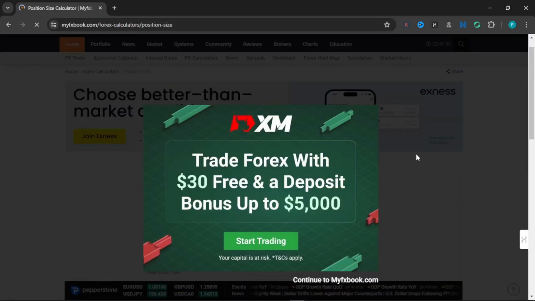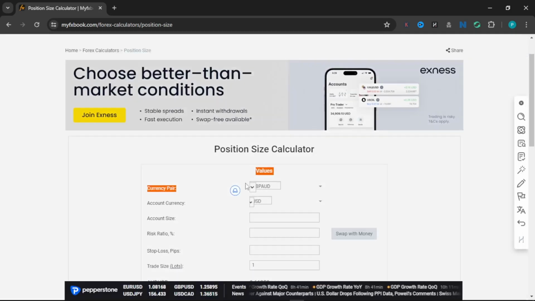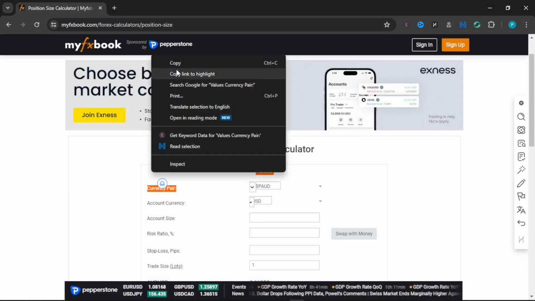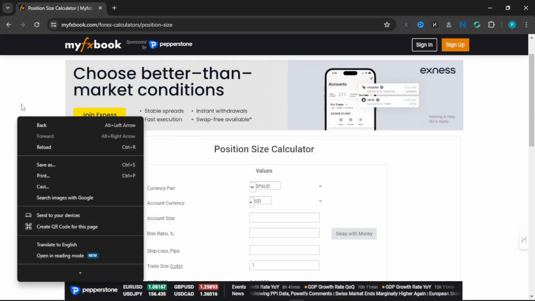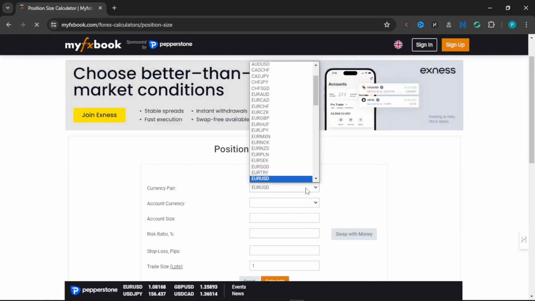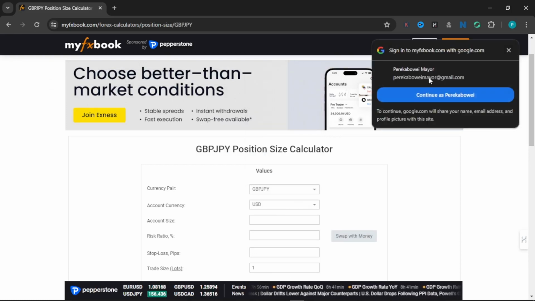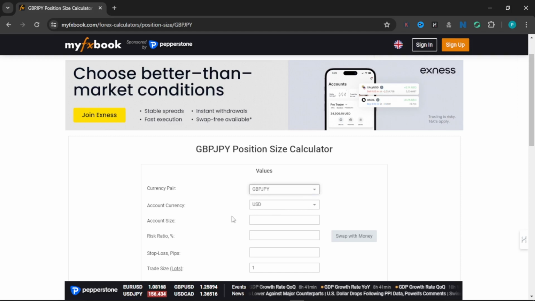It's like there's an ad pop-up. Let me just refresh the site again. Okay, so currency pair, I'm going to pick GBP JPY, and then account currency US dollar.